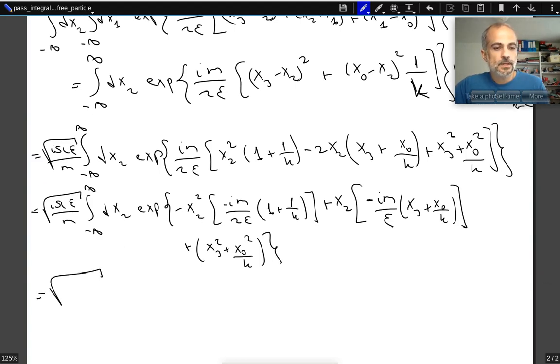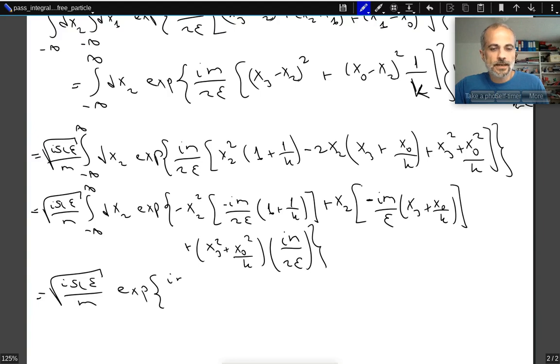Now we can evaluate the x2 integral. This will become square root of i pi epsilon over m exponent, well, let me see, these terms are also multiplied by i m over 2 epsilon.